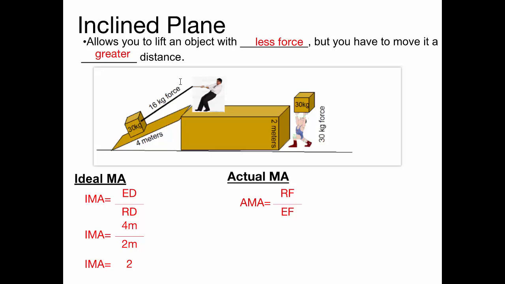So in this case, what's the resistance force in our example? Jack? 30 kilograms. That's how much this box weighs. What's the effort force that you're applying to use this simple machine? Luke? 16.